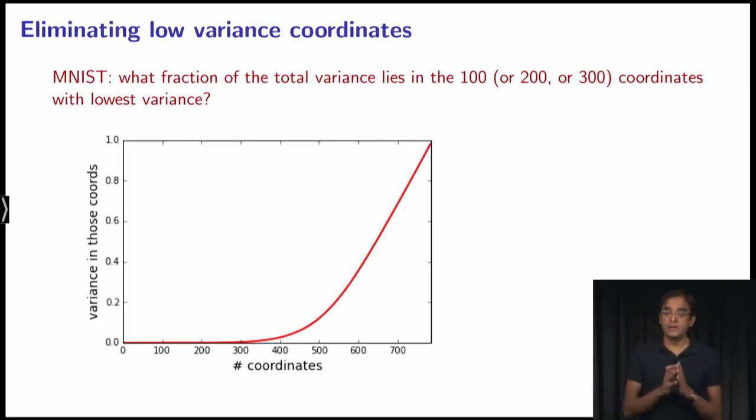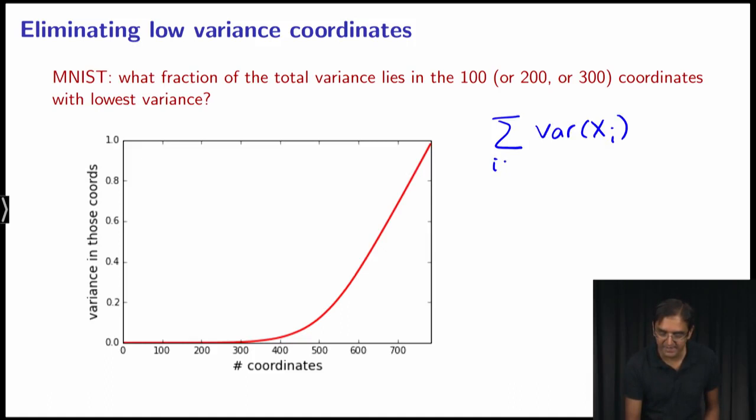Now, if we look at all 784 coordinates, the full representation, the total variance in it is simply the variance of the first pixel plus the variance of the second pixel and so on. So the total variance is the sum over all coordinates i of the variance of pixel number i. This is the total variance.